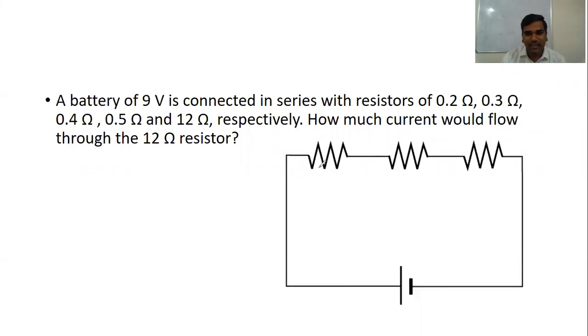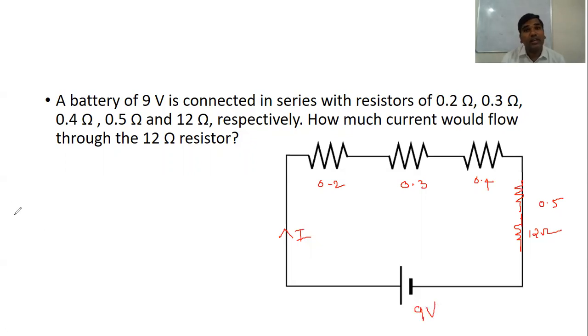Let us say here we have 3 resistors, that is 0.2, 0.3, 0.4, and we will add 2 more resistors in series: here one resistor, here one resistor, that is 0.5 and 12. When resistors are connected in series, current remains the same. And battery of how much? It is 9 volt. What we can do?